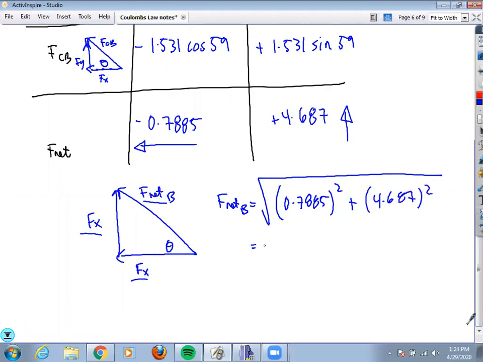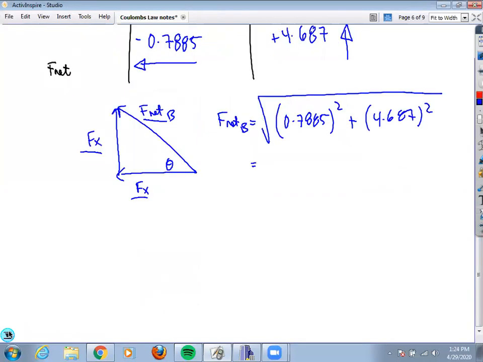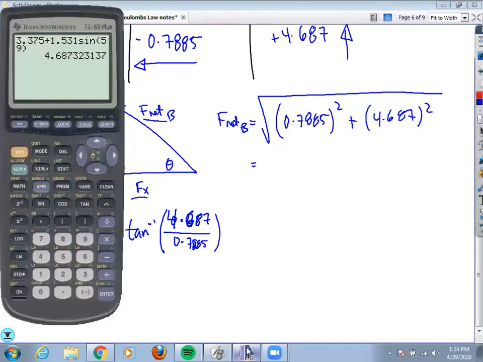And our angle, theta, inverse tan opposite, 4.687 over 0.7885. And we can figure out our numbers.